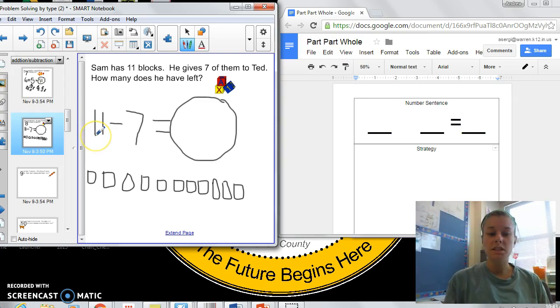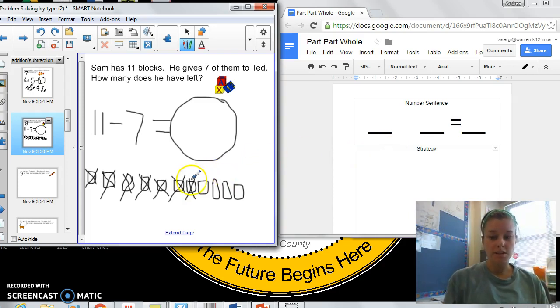I did. And so since he's giving some away, I'm going to X them out because these are blocks he does not have anymore. So 1, 2, 3, 4, 5, 6, and 7.